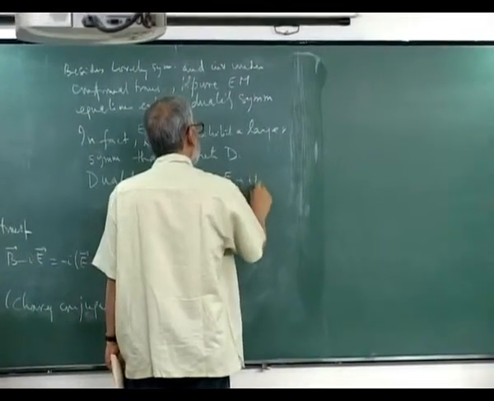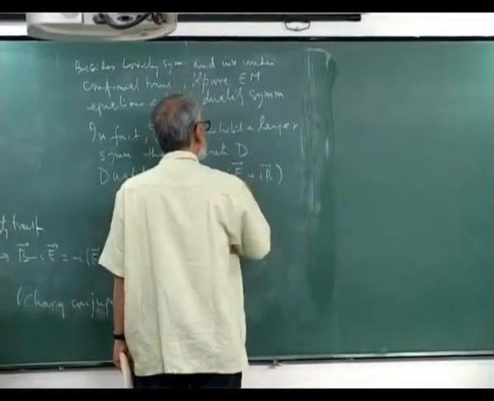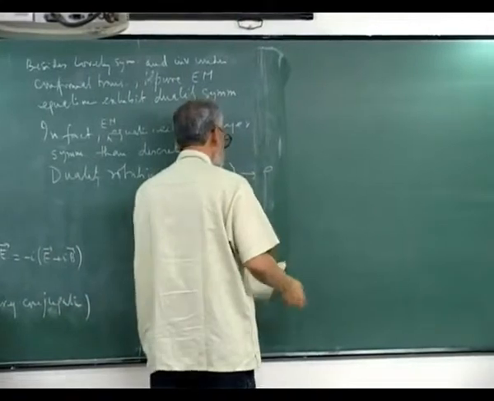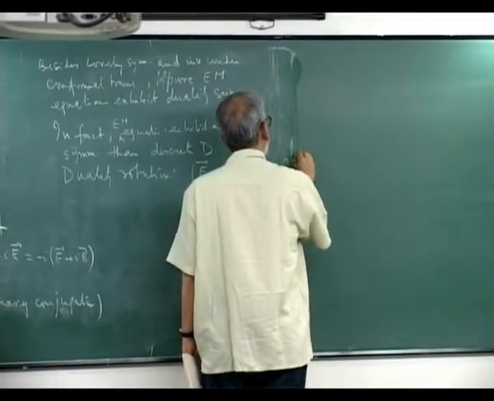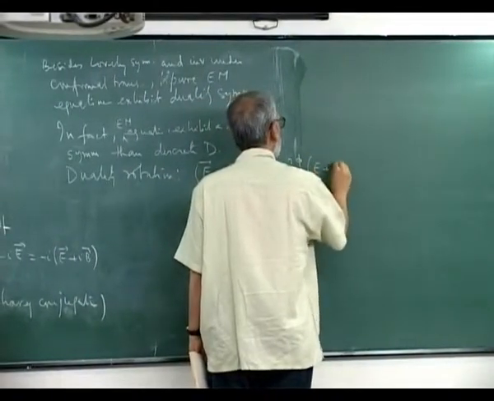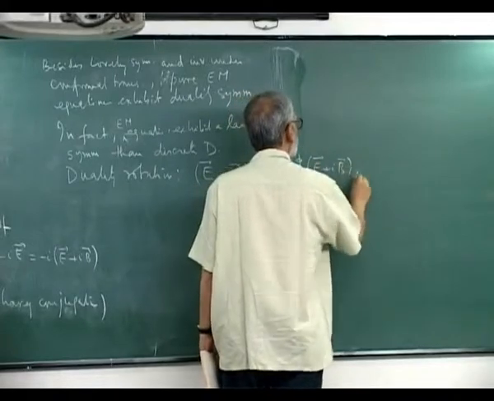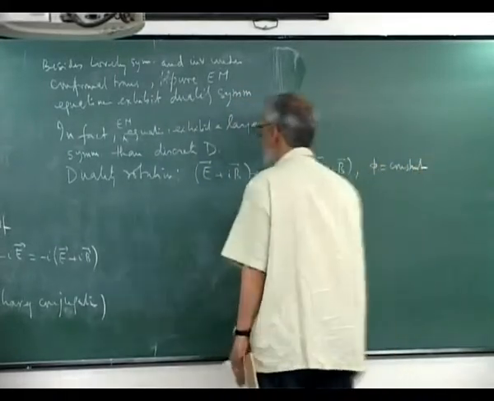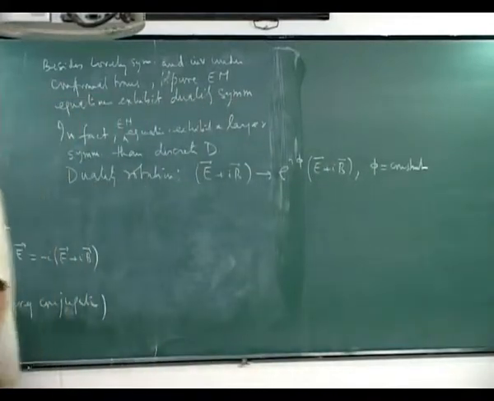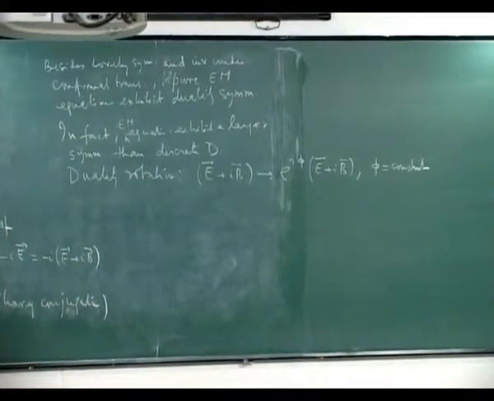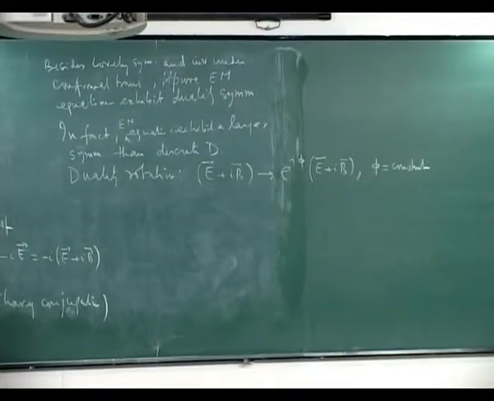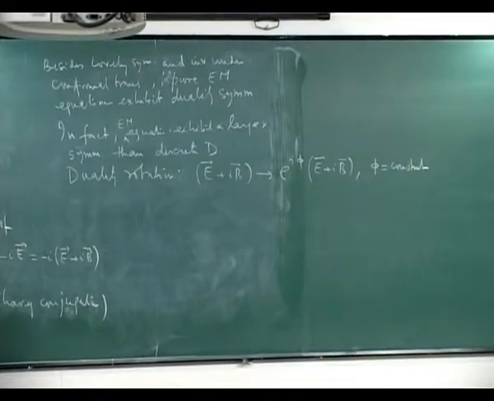E plus IB changes to exponential of I phi times (E plus IB), phi an arbitrary constant. Phi equal to minus pi by 2 is the discrete symmetry, is one point of the symmetry.